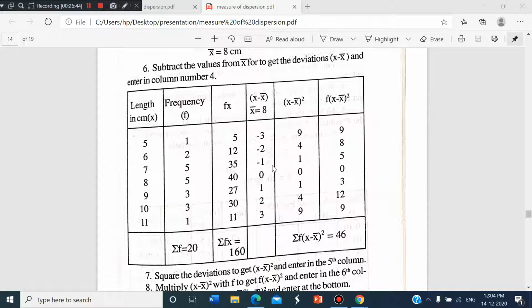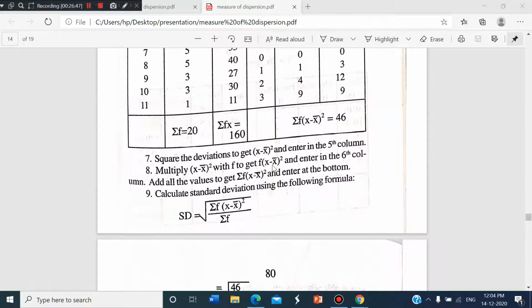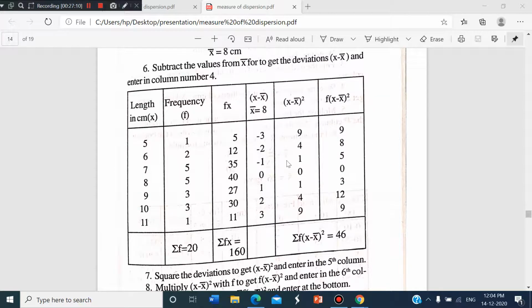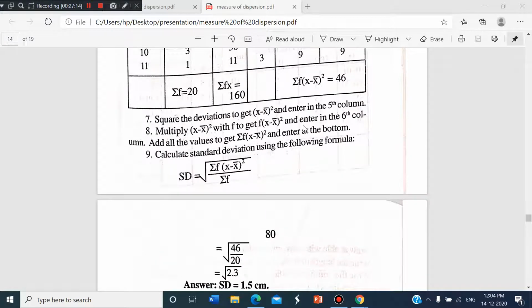Now, in order to get the deviation, square the deviations to get x minus x bar and enter in the fifth column. Now multiply x minus x bar with f to get f into x minus x bar whole square, and you enter it in the fourth column.